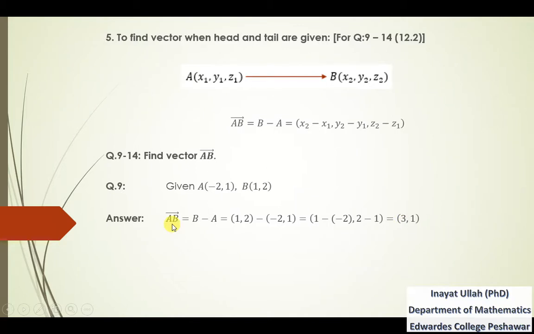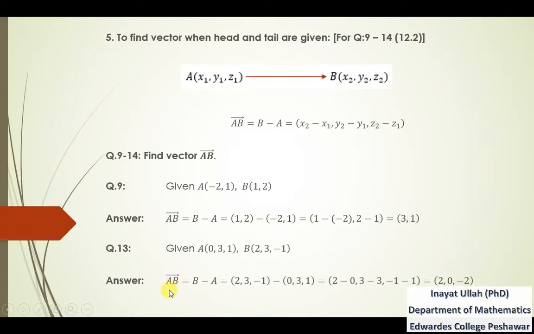That is a very simple topic. Now in question number 13, instead of 2D points we are given 3D points, so that will be a 3D vector AB. How could we obtain the AB vector? By that definition, B minus A. Subtracting these two ordered triples: 2 minus 0, comma 3 minus 3, comma minus 1 minus 1.